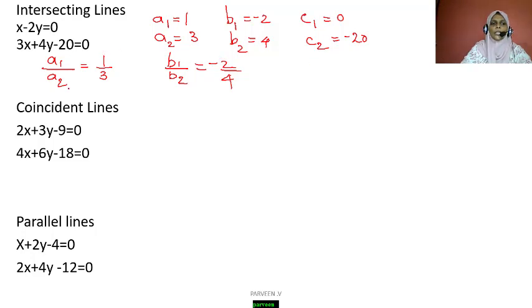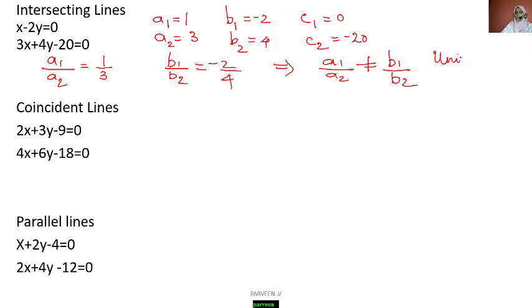So the ratios a1 by a2 and b1 by b2 are not equal. When a1 by a2 is not equal to b1 by b2, the lines we got were intersecting. And you remember what solutions we had? We had a unique solution there for intersecting lines.